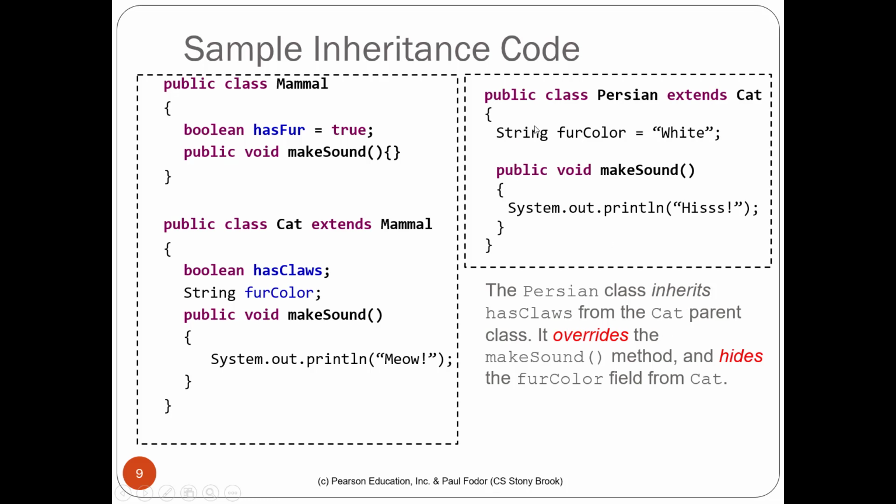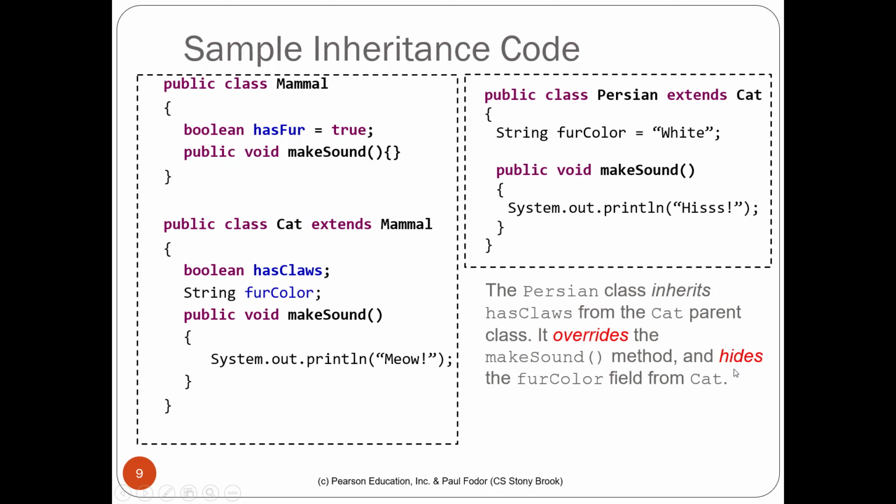Has claws we did not define, we did not override that, so it will get it from its parent class, which is cat. So it's present here because you are inheriting from the cat class. From the cat parent class, it overrides the make sound method. So interestingly, in these two derived classes that we have, cat as well as Persian, we are overriding make sound methods from the respective parent class.